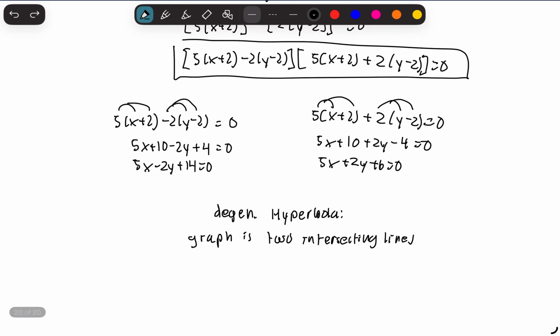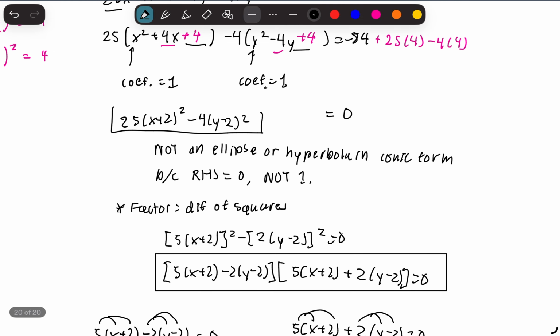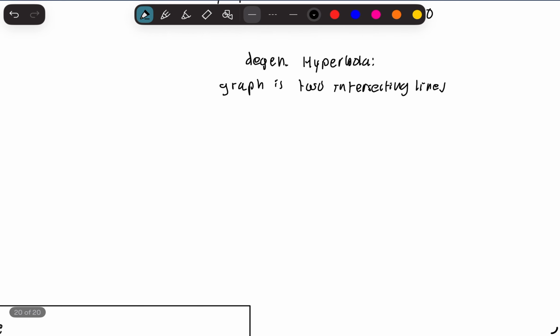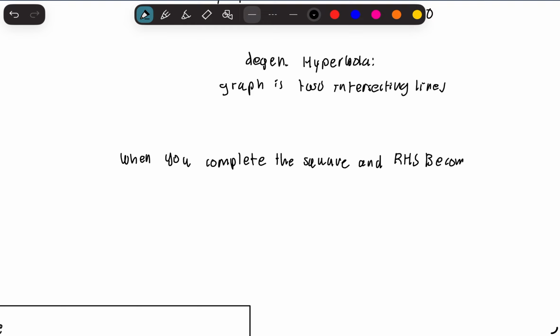So we can just write our answer as this, or you can write it as this. So that's a normal conic.